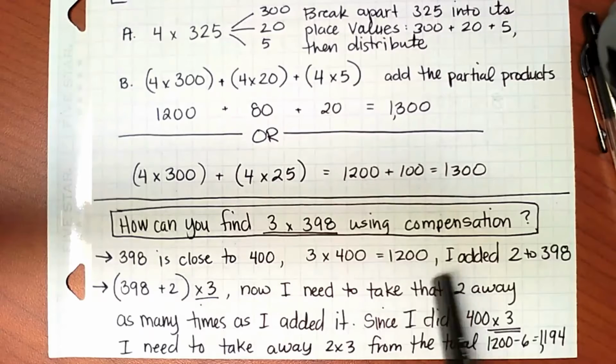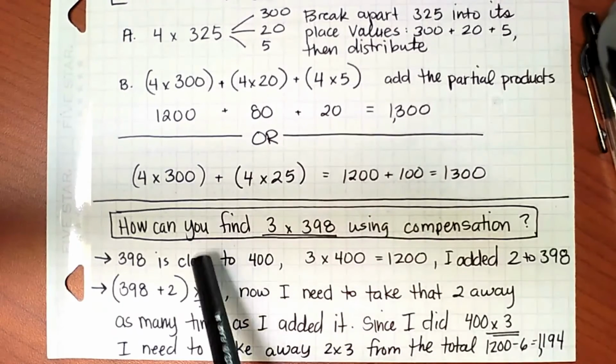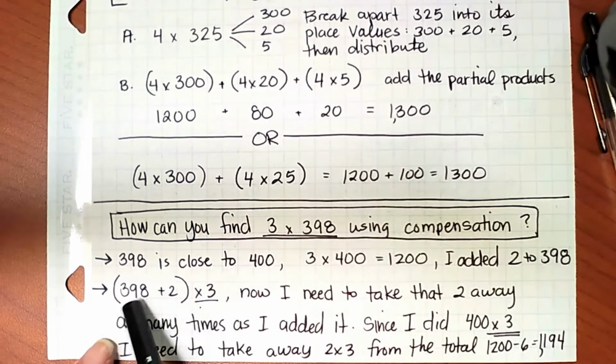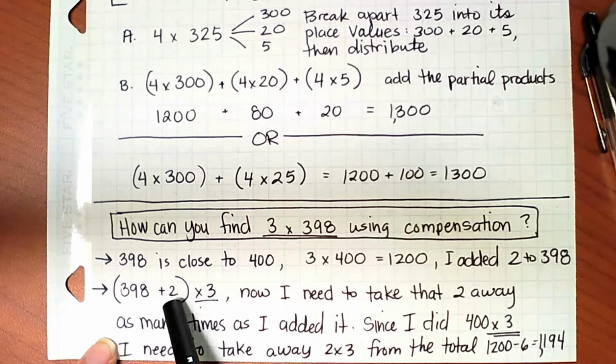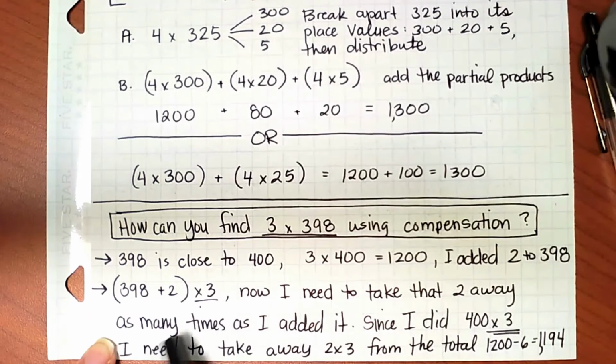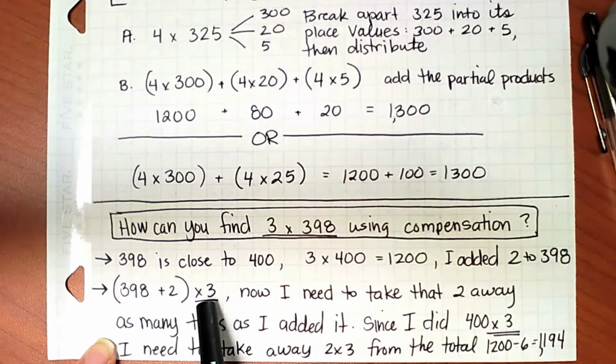Now what I did here was I added 2 to the 398, right? So I did 398 plus 2, and I multiplied all of that by 3. So now I need to take that extra 2 away as many times as I added it in. Now I added it in 3 times.